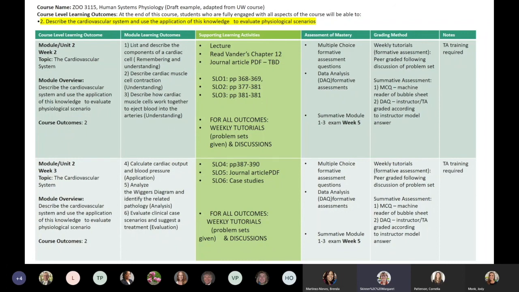Now that lecture might look different depending on your particular course and what is happening on campus. It might be a face-to-face lecture, but if we're online, I'd think about whether the lecture must be synchronous, or can I do a pre-record of a short lecture that hits all of the key points.